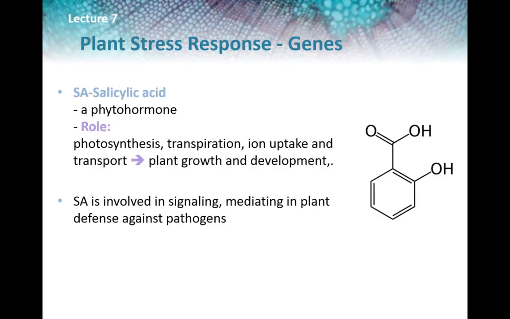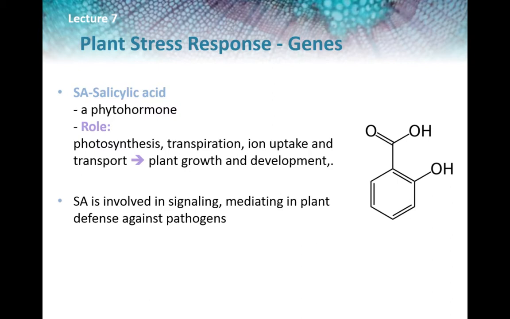Salicylic acid is a phytohormone that plays a major role in photosynthesis, transpiration, ion uptake, and transport, which controls plant growth and development. Salicylic acid in particular influences seed germination, seedling establishment, cell growth, respiration, stomata closure, senescence-associated gene expression, and responses to abiotic stresses.